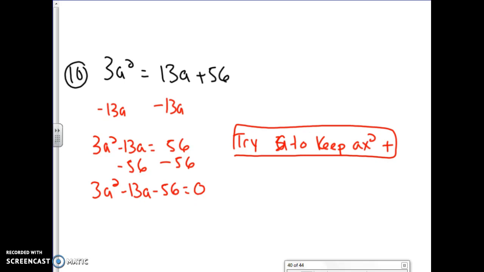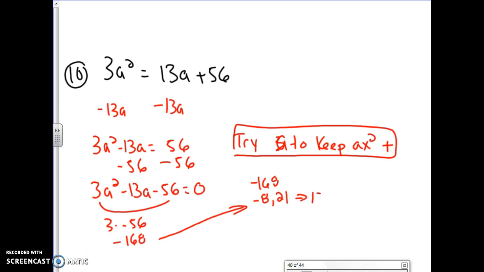And then we're going to build a bridge, split the middle. 3 times -56 is -168. So I have one positive, one negative. So -168. What gets me -168? Well, let's see here. If I take negative 8 and 21, that sum is 13.